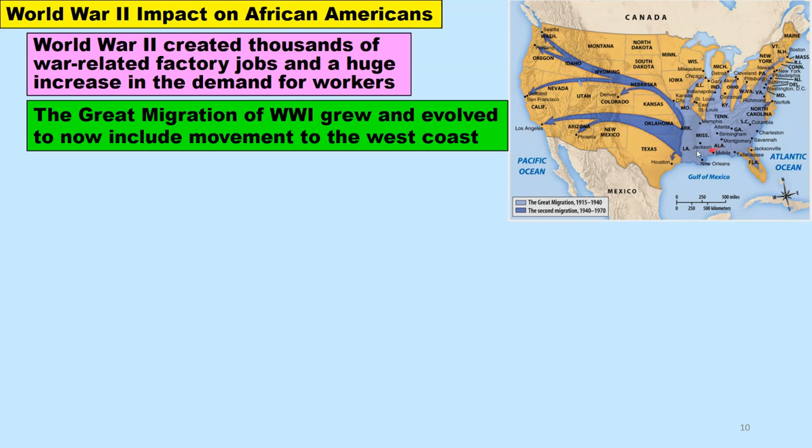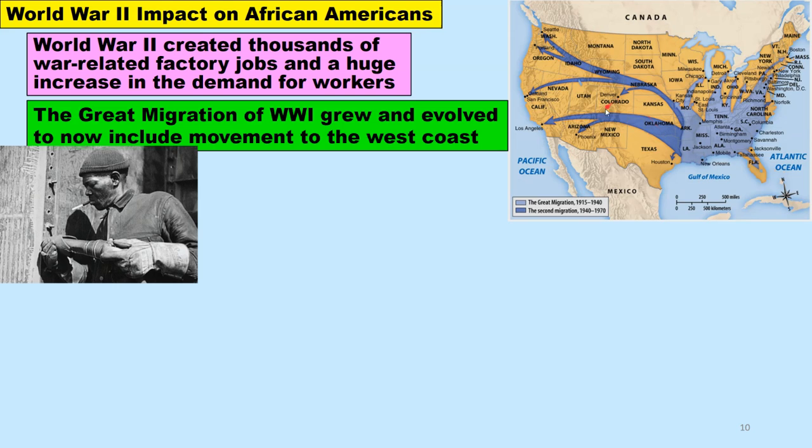So this great migration out of the racist Jim Crow South, not just to the northern cities, but now out to the western cities as well. You're going to see a large number of Black Americans migrate to Los Angeles, Oakland. This is a very large migration of Americans.